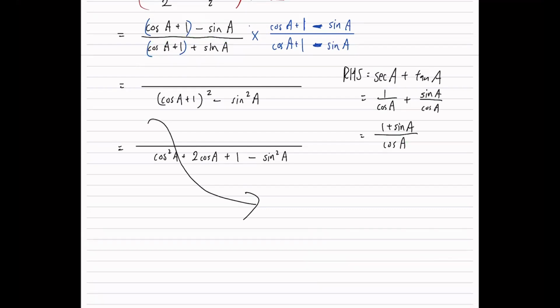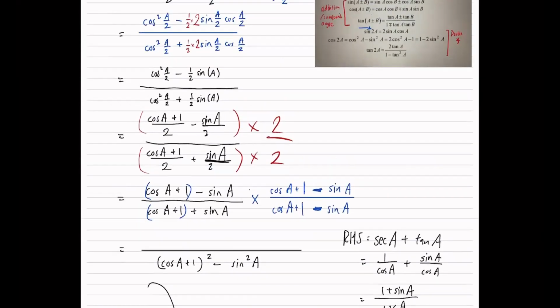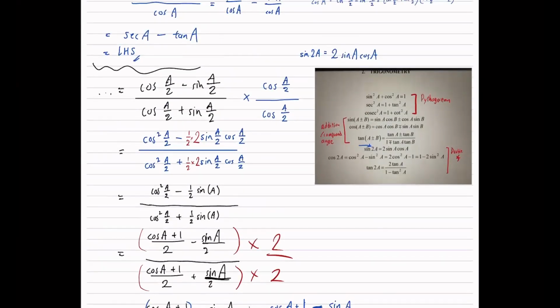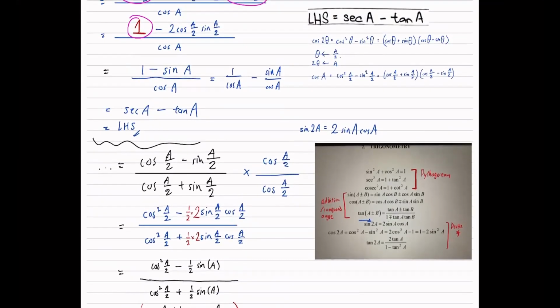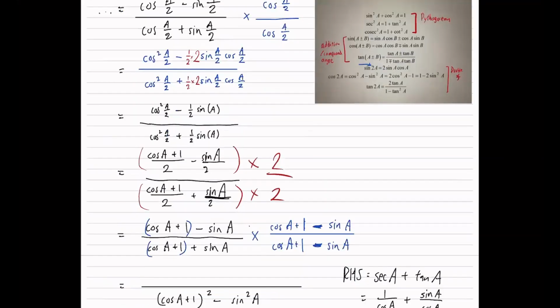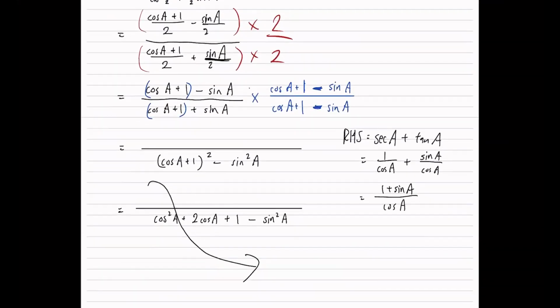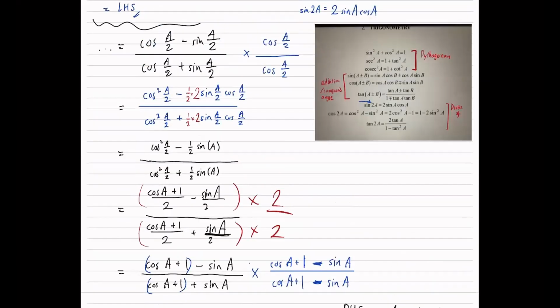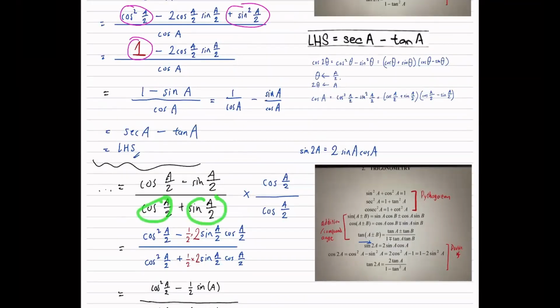Yeah. So, wow, I think maybe the method I have chosen is not so smart. I don't think it's such a smart idea to continue, because you see, we made it worse. Previously, we had two terms here. We want to boil it back down into a single cosine A, right?